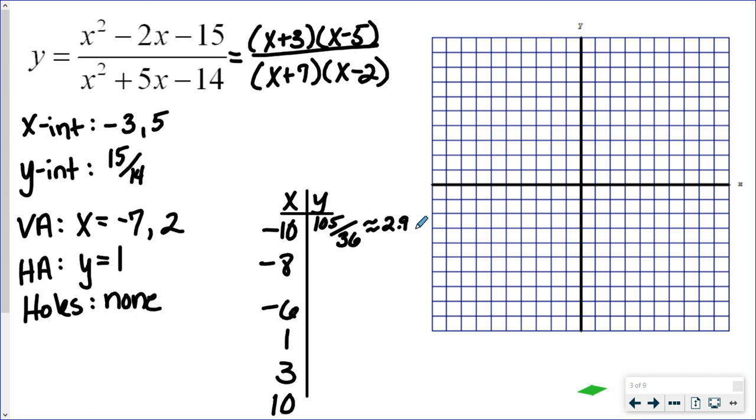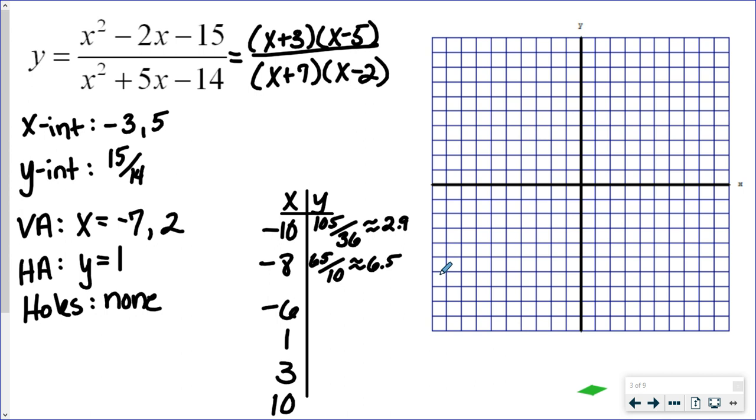All right, so plugging in -8, right, we get 64, plus 16 is 80, minus 15 is 65, over 64, minus 40 is 24, minus 14 is 10, so that's obviously 6.5.